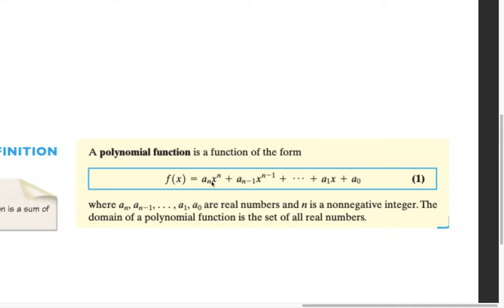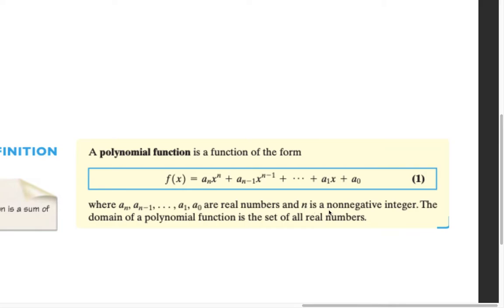So a_n, a_(n-1) are some numbers, and this is the variable. It's not necessary that they have to be like 5, 4, 3. They can be any real numbers.